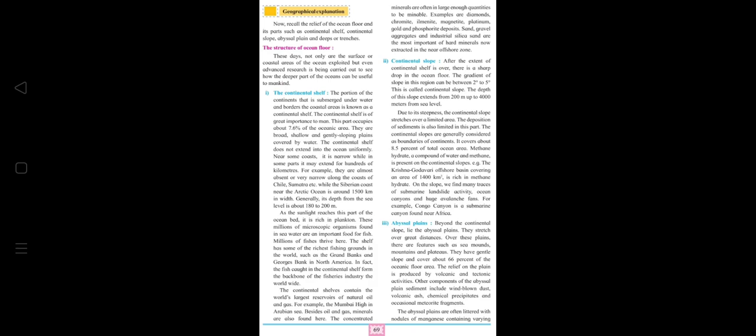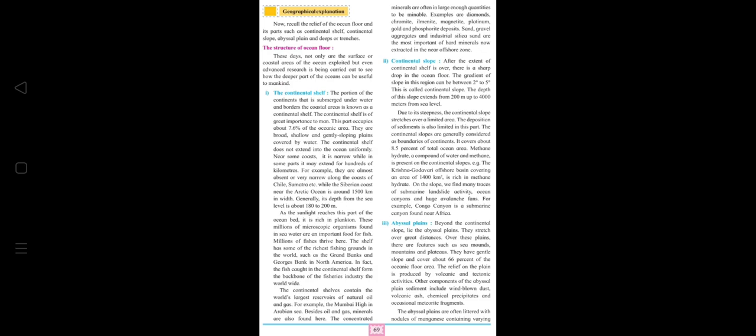The relief of the plain is produced by volcanic and tectonic activities. So there are volcanic and tectonic activities which take place in abyssal plains. Other components of the abyssal plain sediment include wind-blown dust, volcanic ash, all the ash which comes out through the volcanoes, the chemical precipitates, the different kinds of chemical formations, and occasional meteorite fragments.